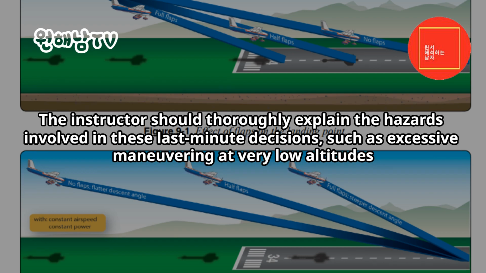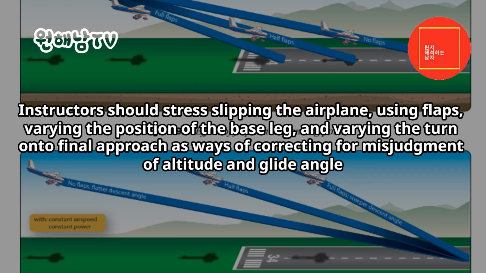The instructor should thoroughly explain the hazards involved in these last-minute decisions, such as excessive maneuvering at very low altitudes. Instructors should stress slipping the airplane, using flaps, varying the position of the base leg, and varying the turn onto final approach as ways of correcting for misjudgment of altitude and glide angle.